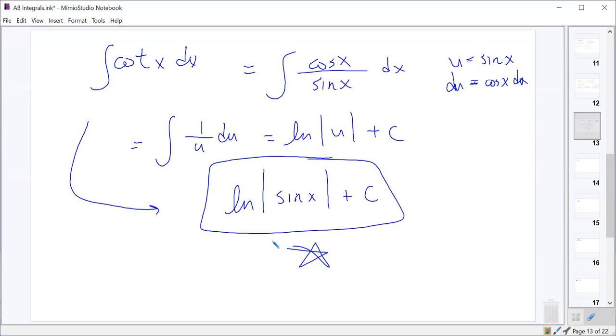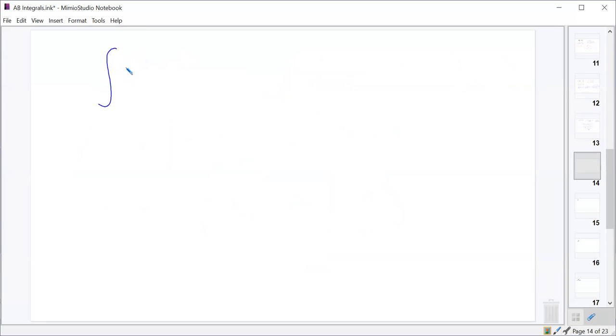You think we could do a similar thing with tangent, with an integral of tangent x? What would we do? Replace it with sine over cosine. Okay. And what will our u be?